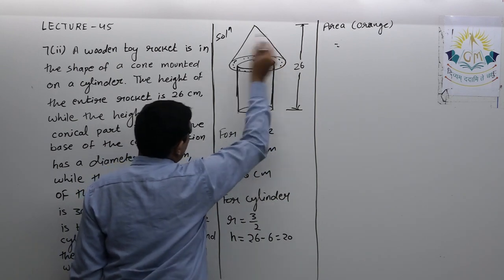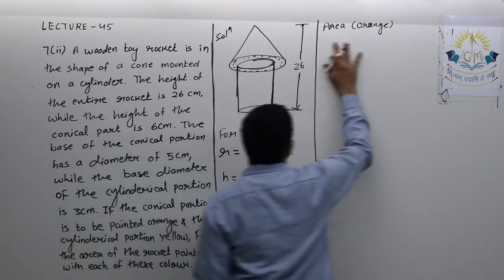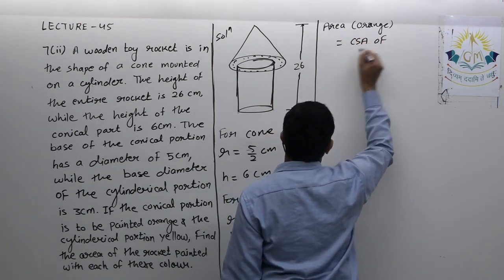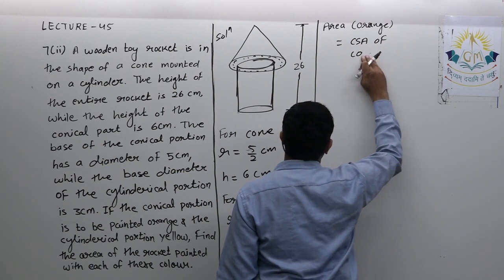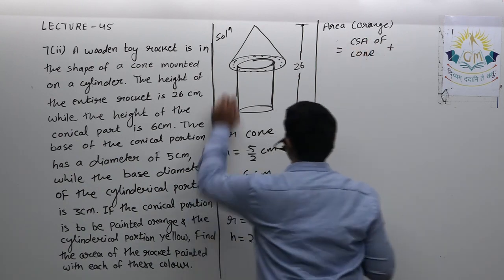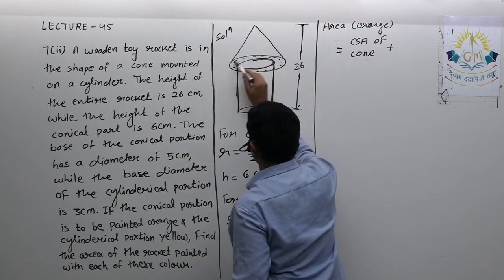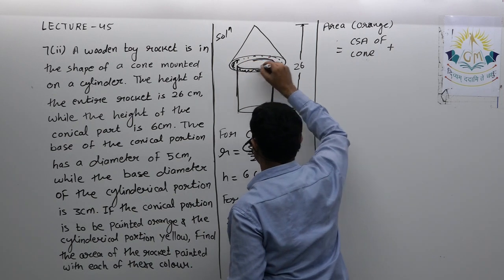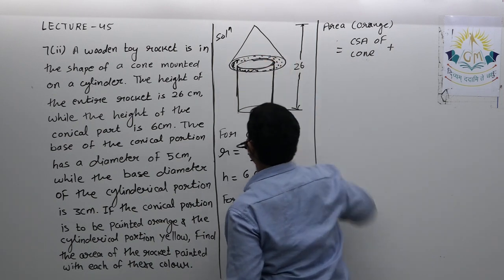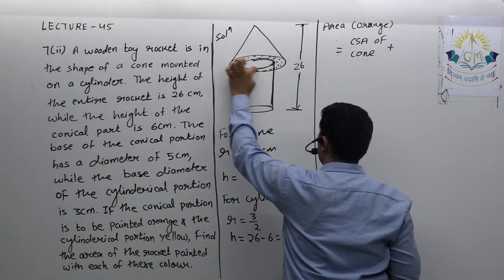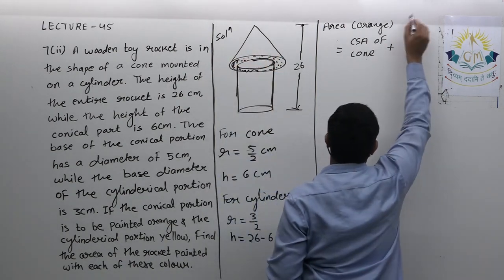So CSA, curved surface area of cone, plus base area. This area we have to find, this ring area, which is to be painted with orange color. So base area of cone minus base area of cylinder.